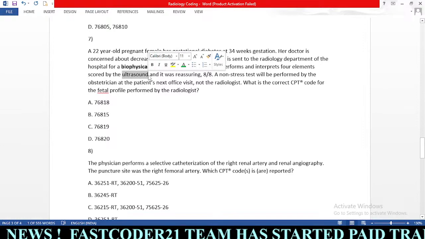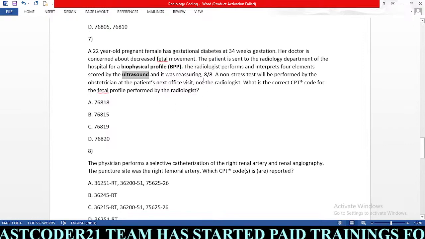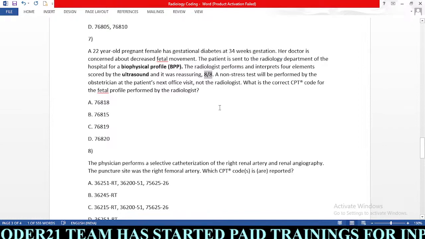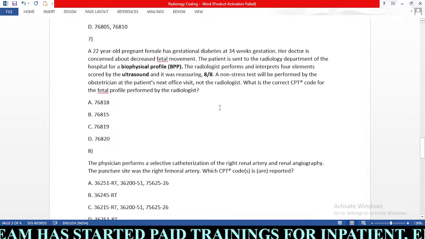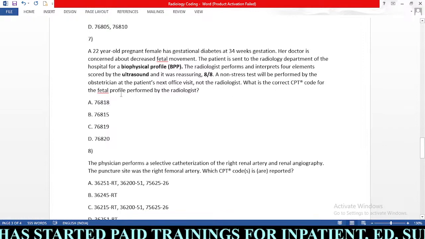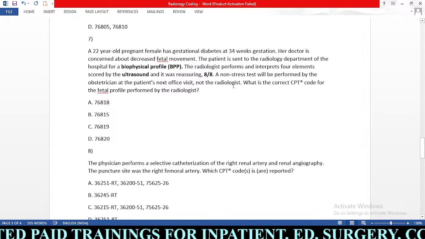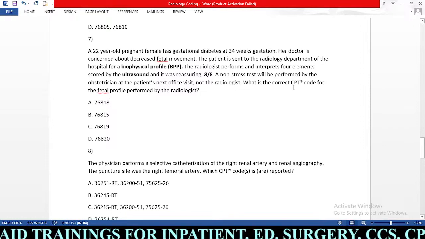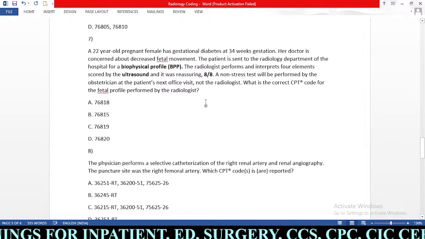So we need to make ultrasound a keyword, and it was reassuring, 8 out of 8. A non-stress test will be performed by the obstetrician at the patient's next office visit, not the radiologist. What is the correct CPT code for the fetal profile performed by the radiologist?